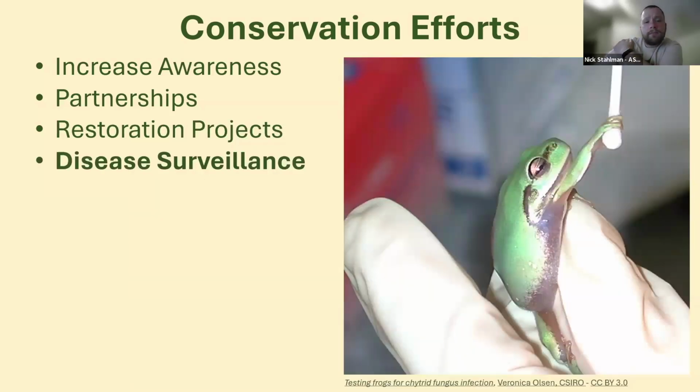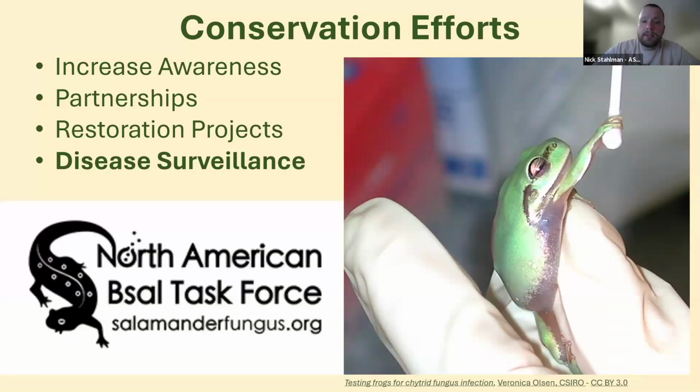Disease surveillance is an important thing that is done by a lot of universities and governmental agencies doing any sort of capture study. They are usually also swabbing for diseases, and these samples are tested either within that organization or sent to pathology labs that are monitoring for those novel diseases that we talked about, especially BSAL.